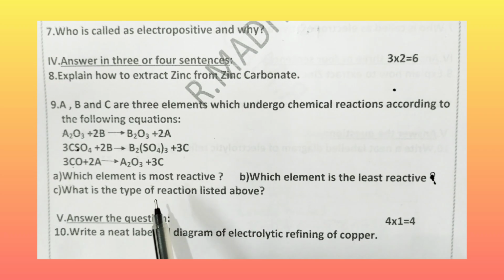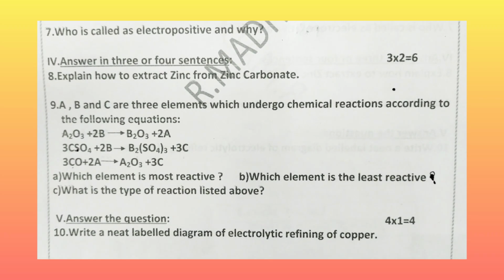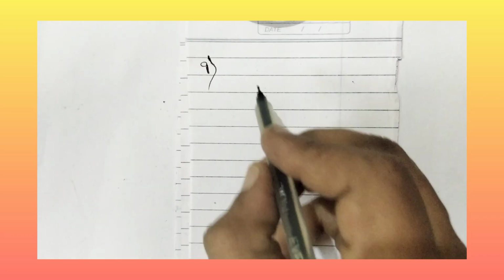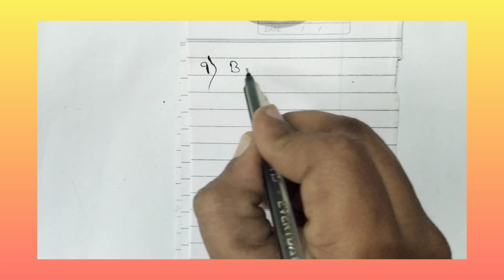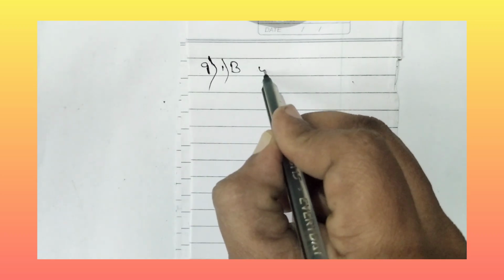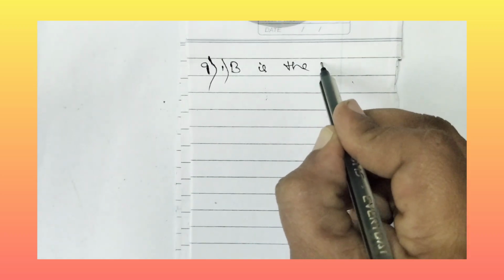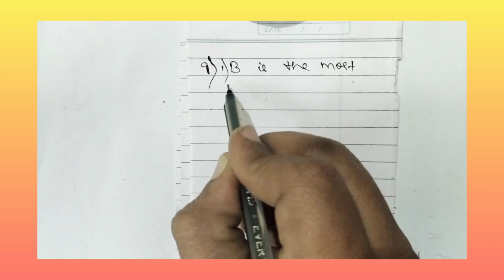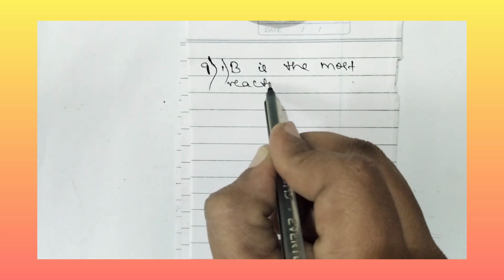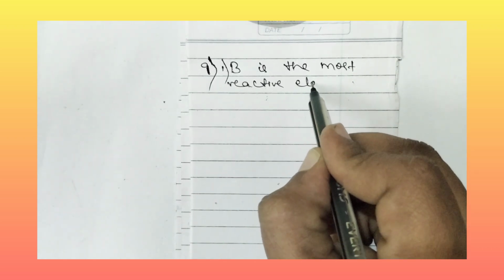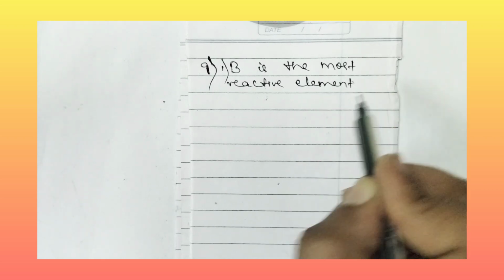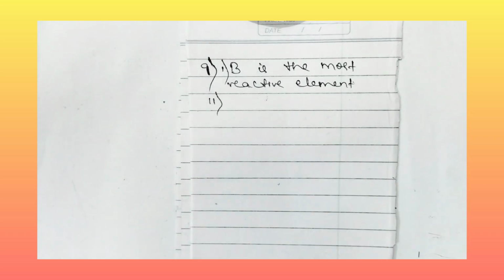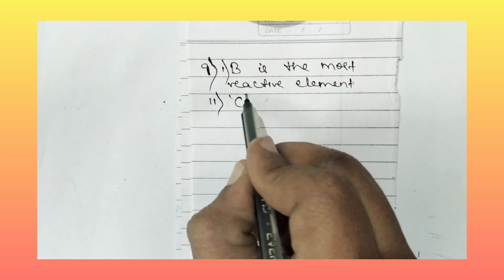So let us answer one by one now. Among the three elements, the answer to the first question is B, the most reactive element. Then the second question: which element is the least reactive? C is the least reactive.